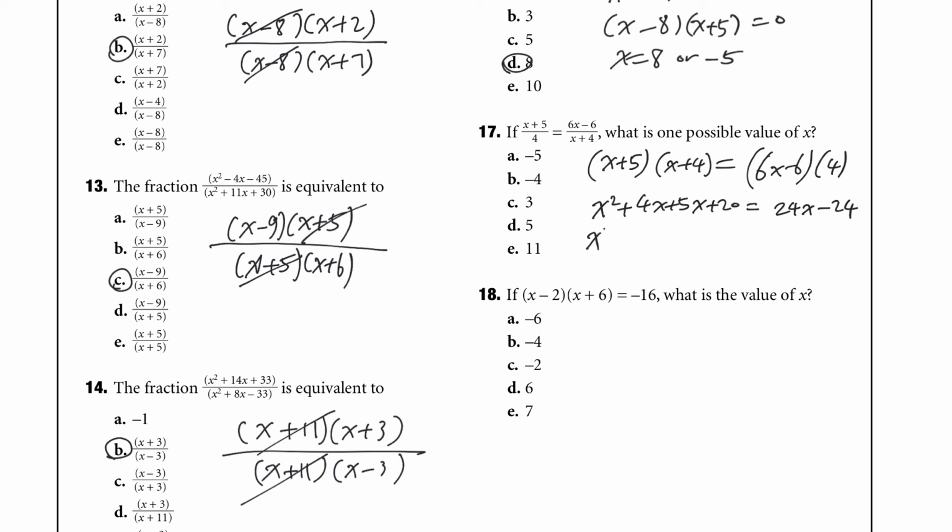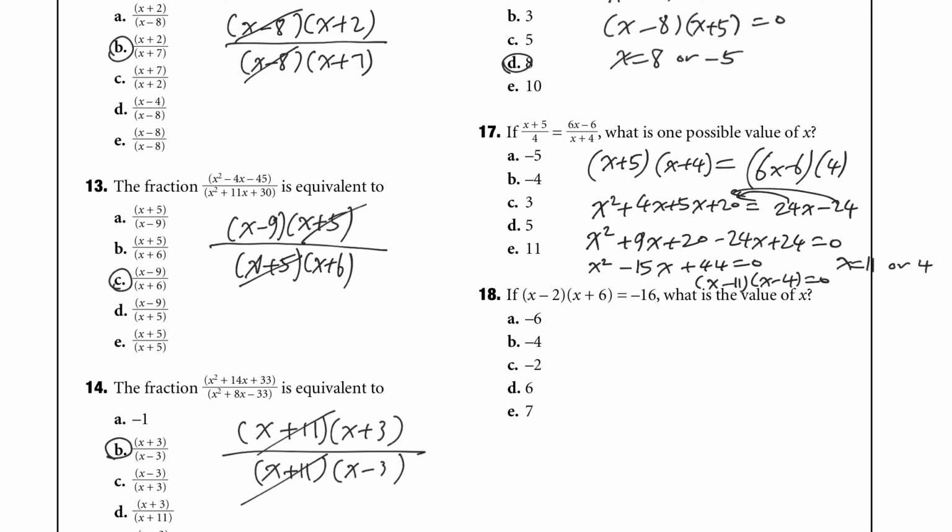Now I'm going to move everything to one side: x squared plus 9x plus 20 minus 24x plus 24 is equal to 0. Just moving both of these terms over here, changing signs. Collect like terms. I have x squared minus 15x plus 44 is equal to 0. When I factor, I get x minus 11, x minus 4. So x is equal to 11 or 4.